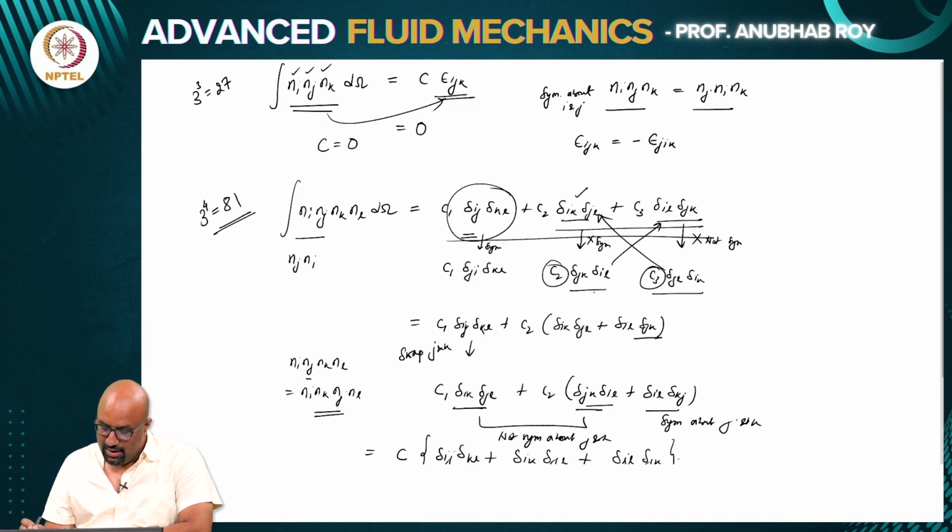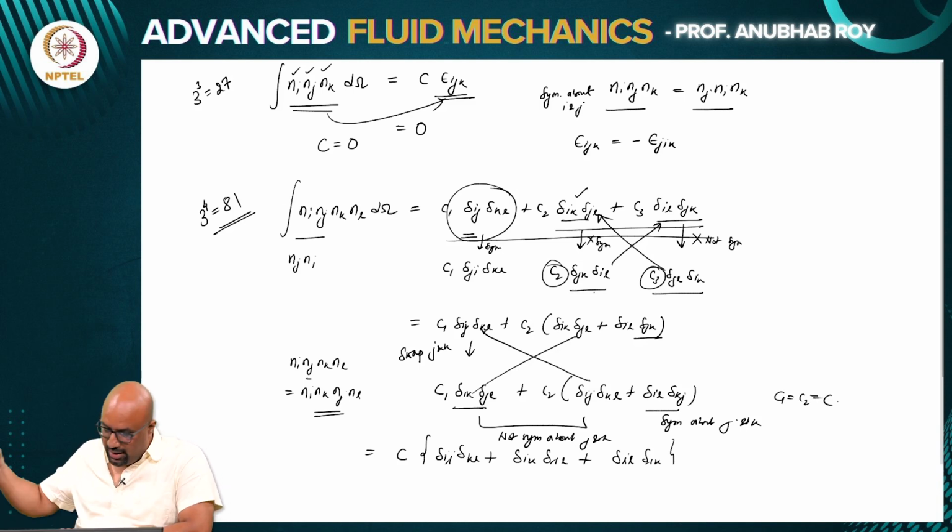So if I have the indices now actually being switched, so this should be ij and this should be kl. Now it's all right. So I have delta ij delta kl. So finally you see that this is the same as what I have here, this is the same as what I have here, which means C1 should be equal to C2.